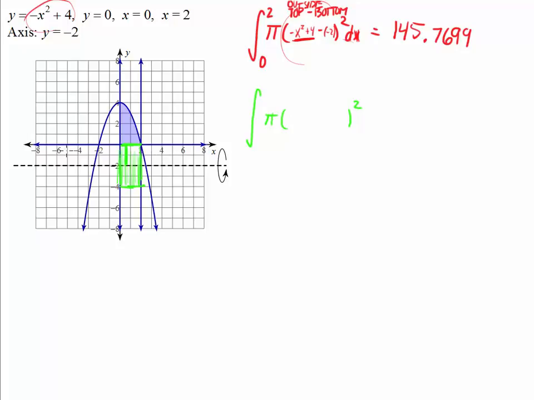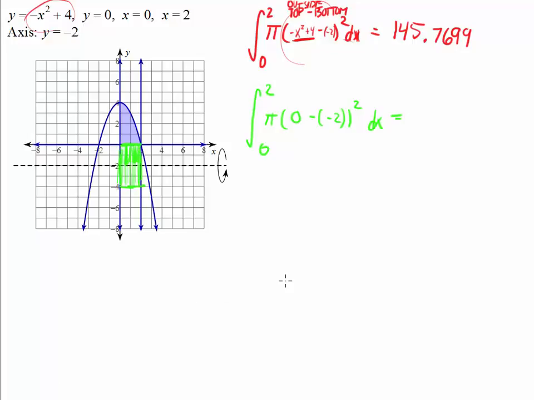No, it's the x-axis, sorry. It's the x-axis equals 0, so y equals 0, minus the bottom, which is the axis of rotation, which is negative 2. And if you look at that, 0 plus 2 gives me a radius of 2. The radius is 2 the entire time. So I'm going from 0 to 2 dx.